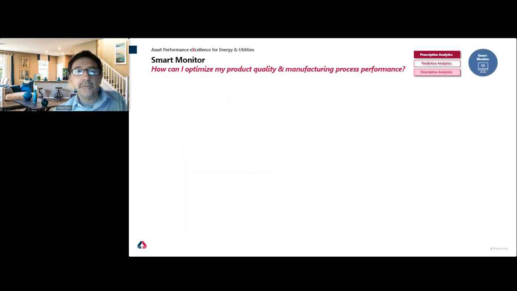Smart Monitor is more focused on how can I optimize my product quality and the manufacturing process performance.